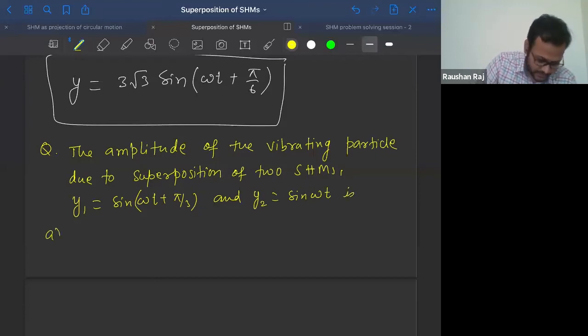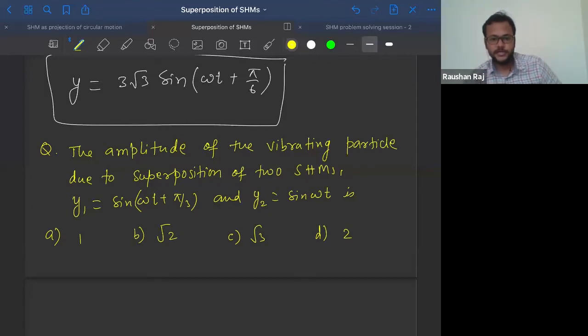Is it option A 1, option B square root 2, option C square root 3, option D 2? Guys, please try to solve this question.